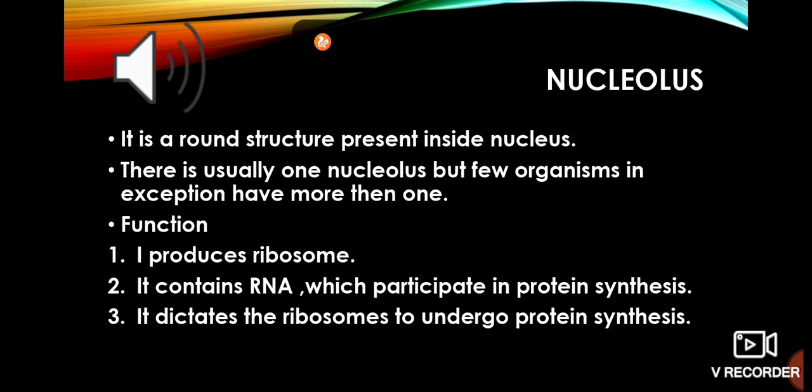The nucleolus has a special type of genetic material known as RNA, ribonucleic acid. With the help of RNA, it forms ribosomes, and ribosomes, using the RNA, undergo the process of protein synthesis, that is formation of protein for the body. So we can say that the nucleolus allows ribosomes to start protein synthesis.